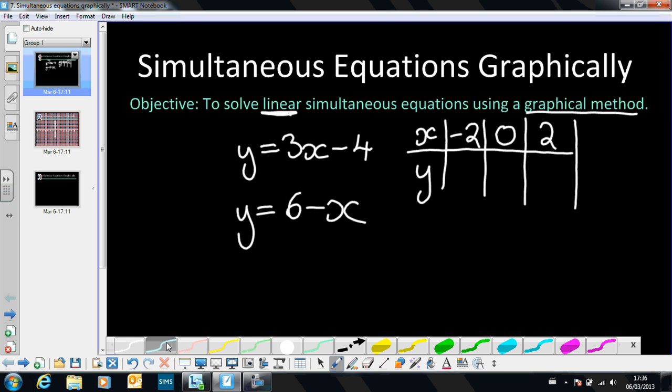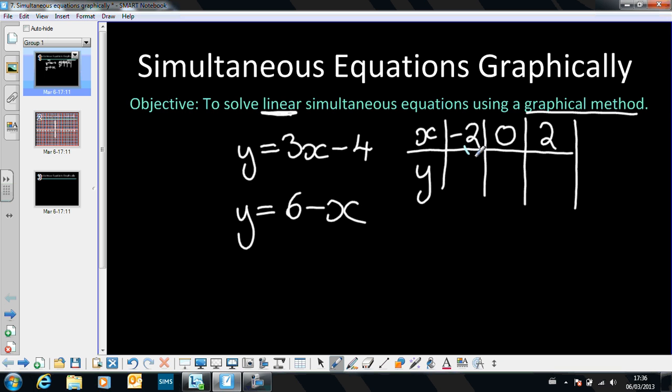I'm going to pick those ones. I want to spread it out a little bit, because if you've got a bit of a gap between your values, it makes it a little bit easier to draw your graph accurately. If you have them all bunched together, 3 points all very close together, it's not always easy to see where exactly the line goes. So it's always a good idea to spread them out a little bit.